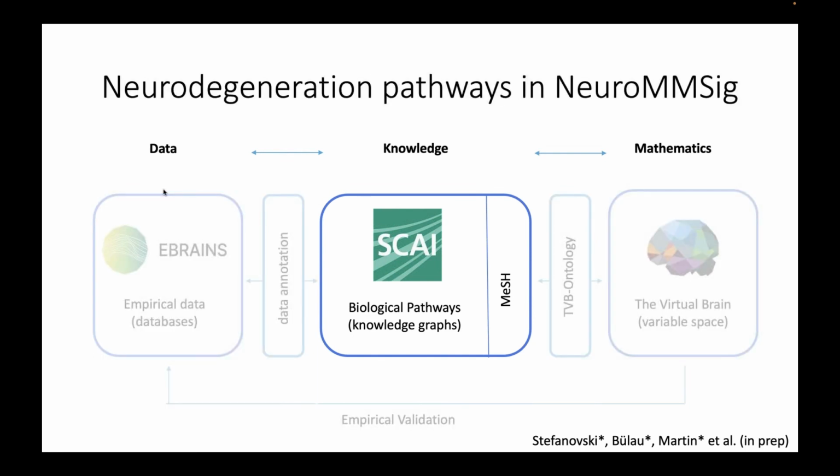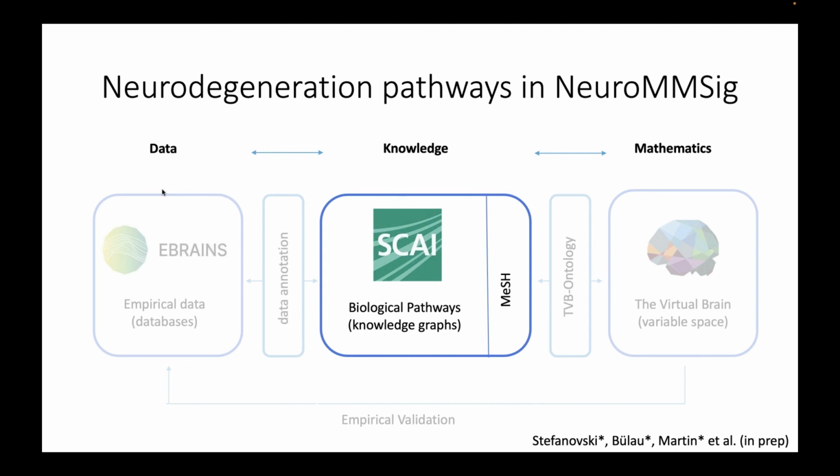So the idea was to extract knowledge from so-called knowledge graphs, which are organized knowledge structures that contain nodes and edges and directed edges, and can describe the relationship between biological entities, as for example genes, proteins, chemical compounds, and diseases.